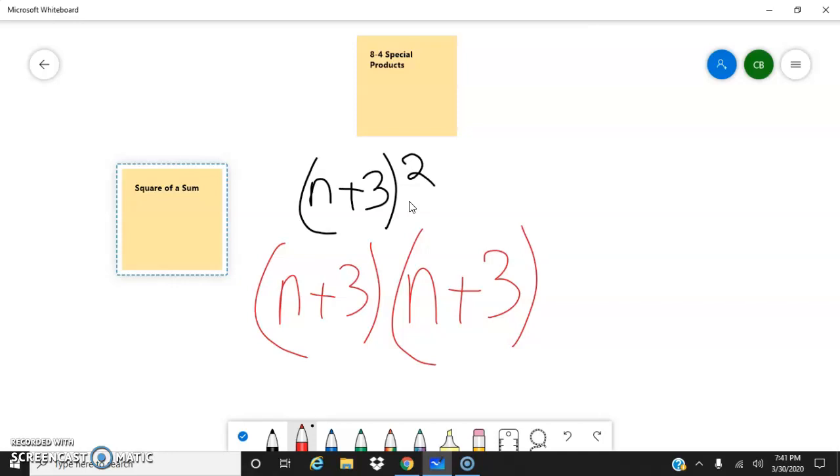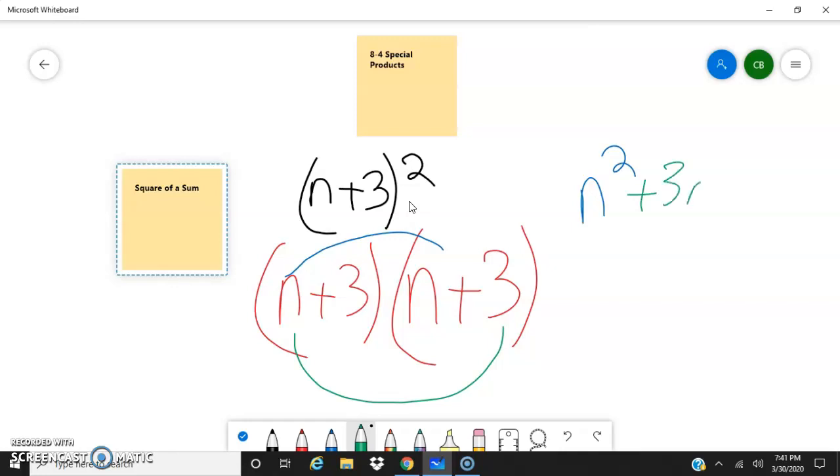If you watch the last video, you can refer back to it, but we do the FOIL method here. We have two binomials that are still being multiplied by each other, so go ahead and multiply by FOILing. n times n is going to give me n squared. Then outside, n times 3 is going to give me 3n, so plus 3n.